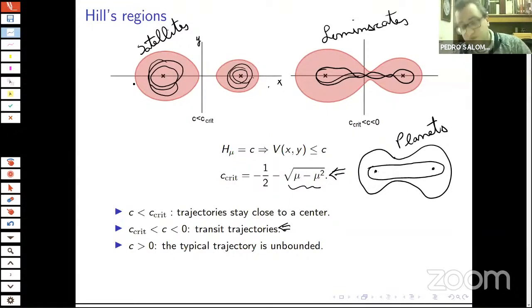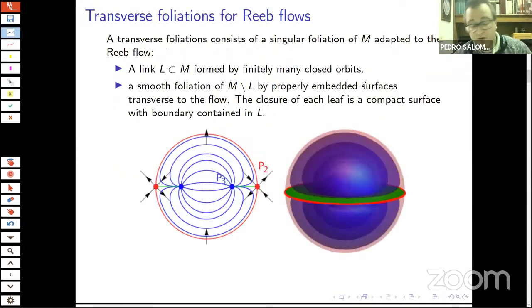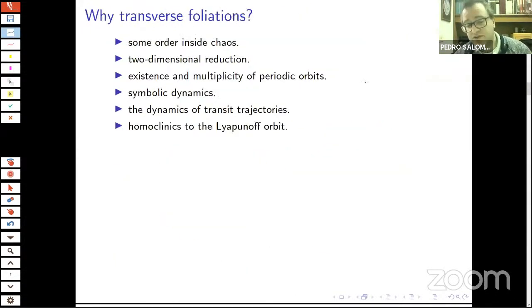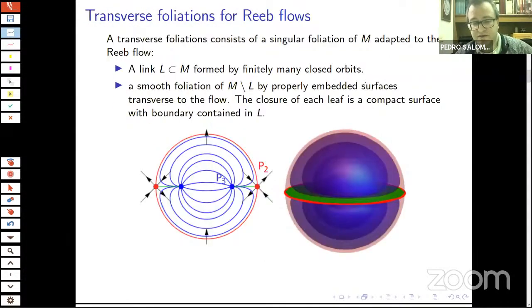Then you need to study the dynamics associated to these transit trajectories, the ones that are crossing this neck region in the energy level, and also, for instance, you may wish to study the homoclinics associated to the Lyapunov orbit that I will mention here.